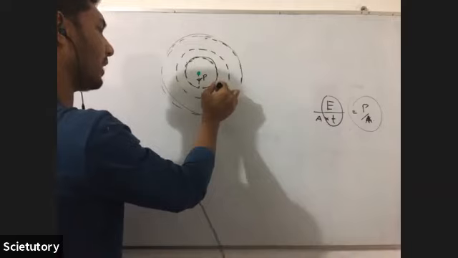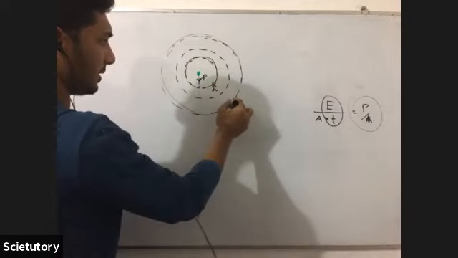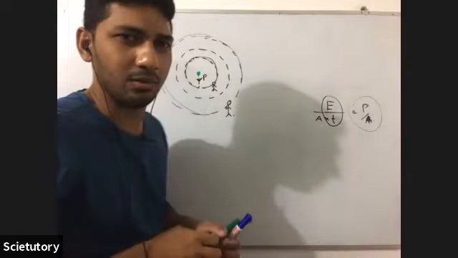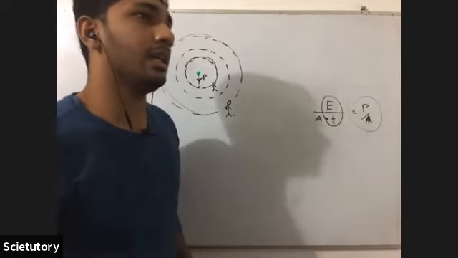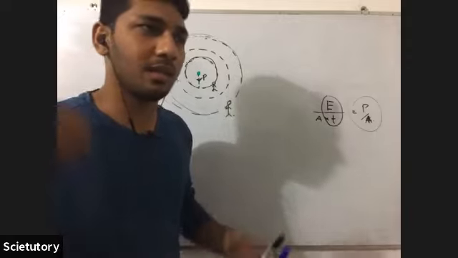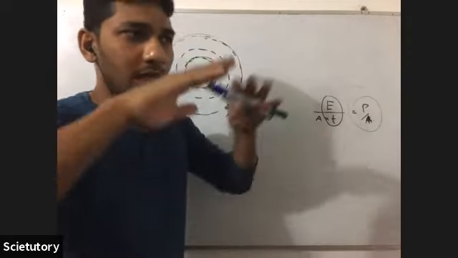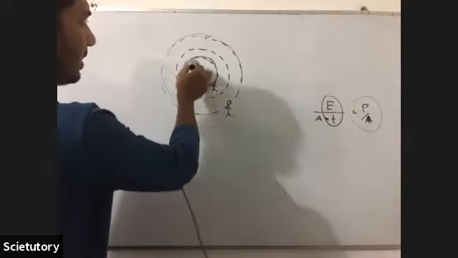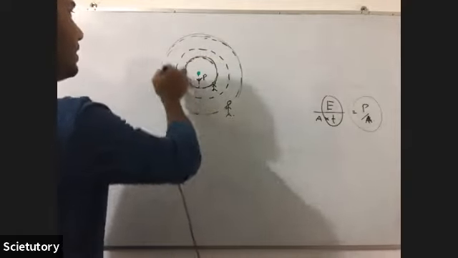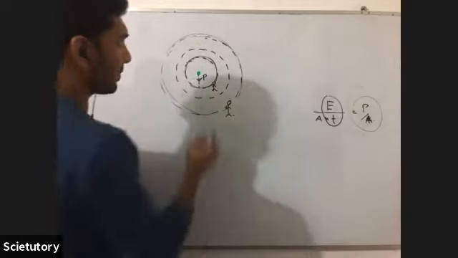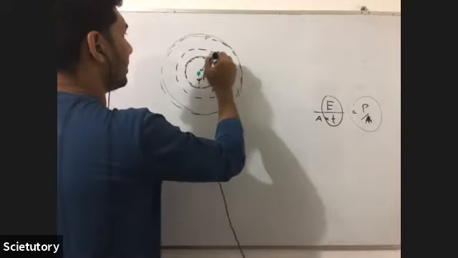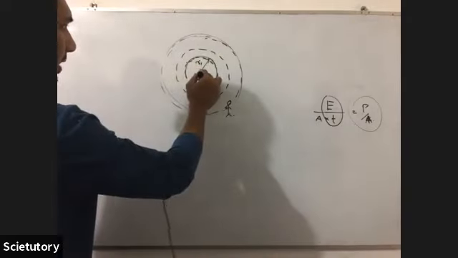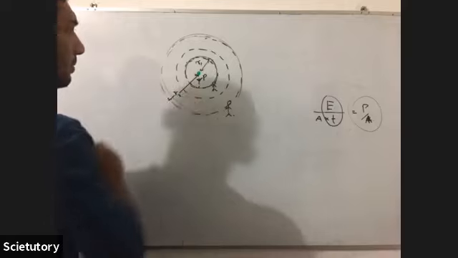But one person standing here and another person standing here will hear the sound differently, because the power passing through a unit area differs. Here the area is less, but here it has spread through a larger area. For example, the radius of this sphere is R1 and the radius of this sphere is R2.